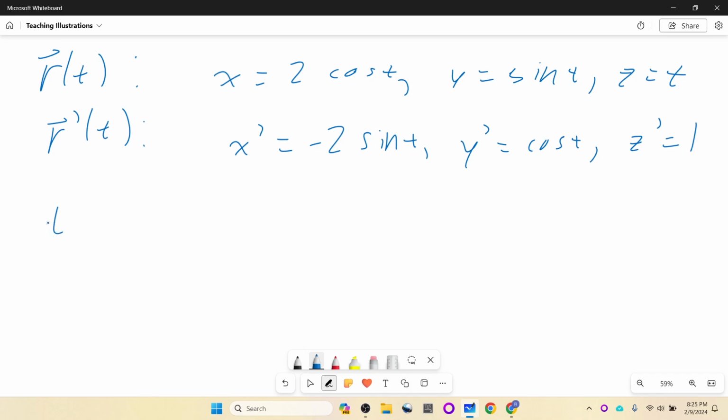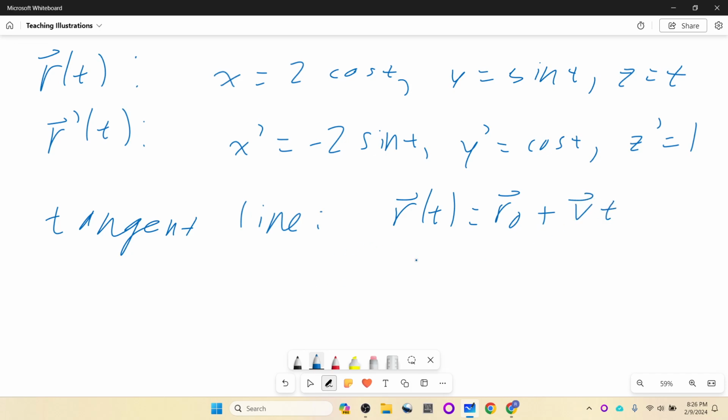So the tangent line, well, the equation of a line is always r of t is r naught plus vt.